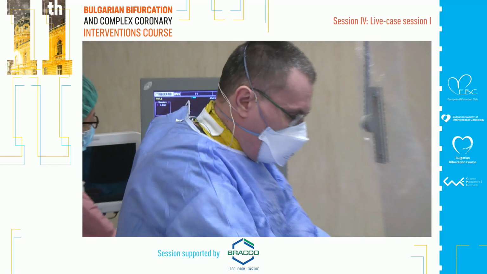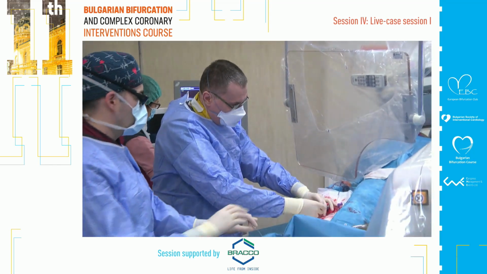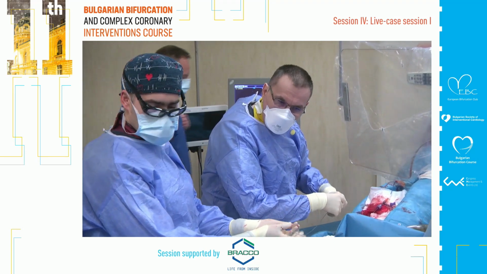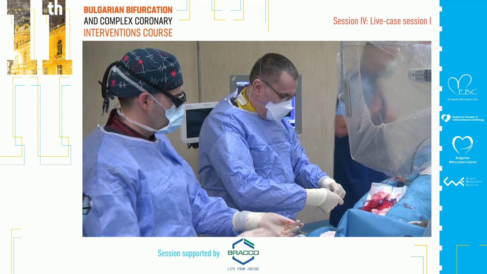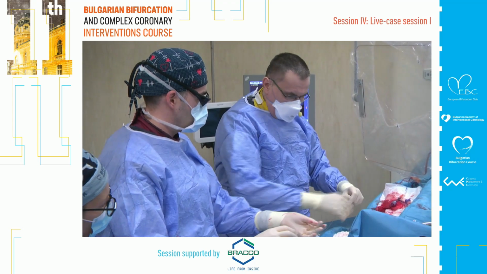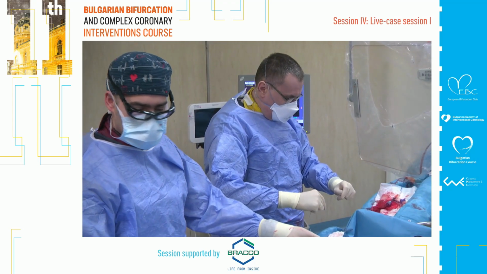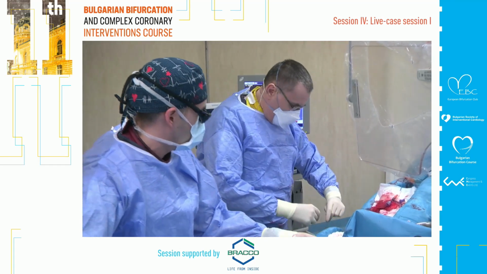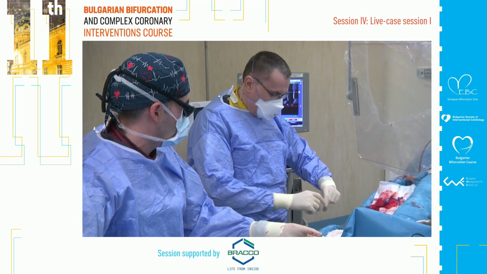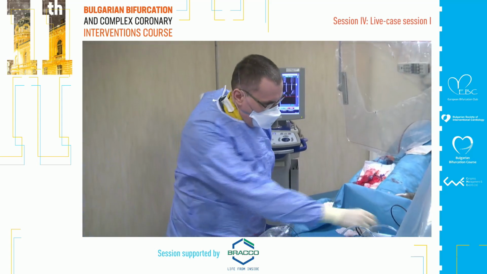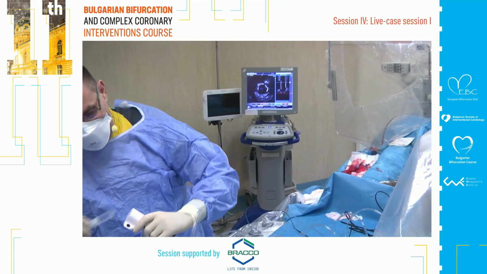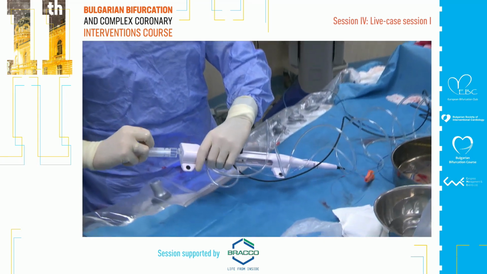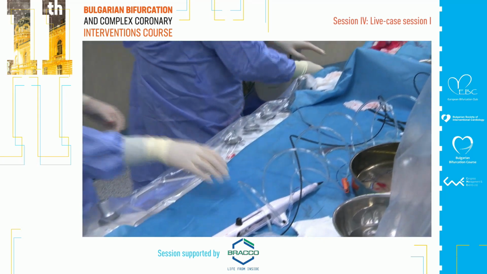So what's your plan? Can we remove it? That was the 1.5 burr. So Dobrin, it was 180 degrees of calcium. Why did you decide to do plaque modification? Were you convinced it was more?